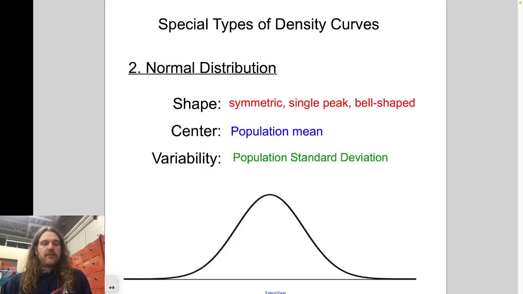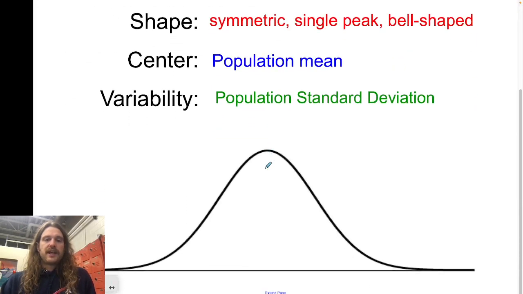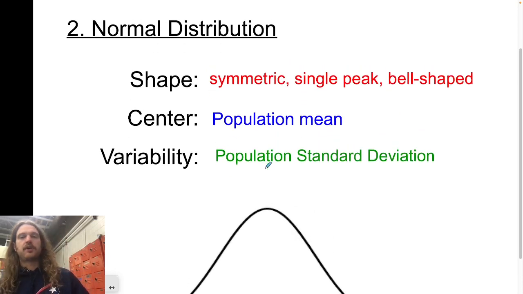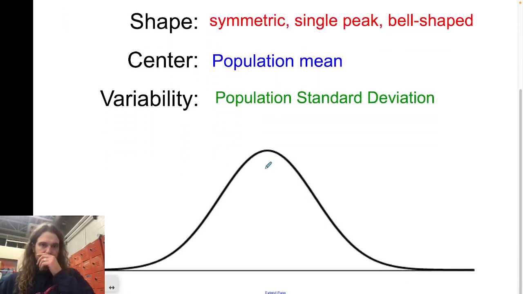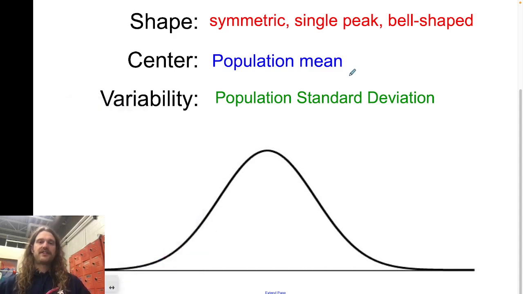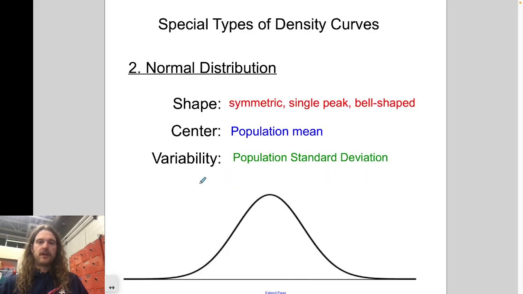Little refresher. The next one we're going to talk about is the normal distribution. This slide is also probably going to crash my computer. The normal distribution has this nice symmetric, single-peaked, bell-shaped curve. The center of the normal distribution is what's called the population mean, which is mu.